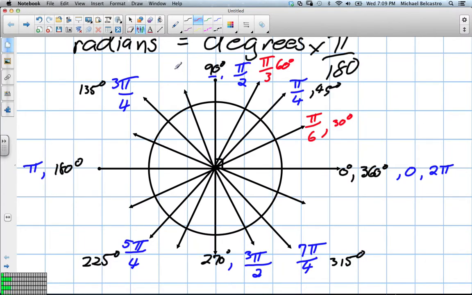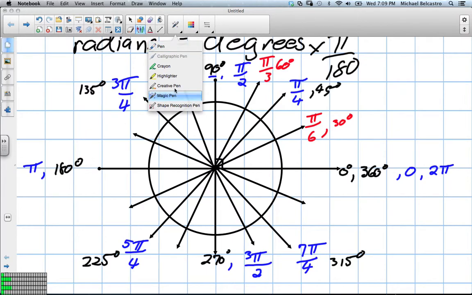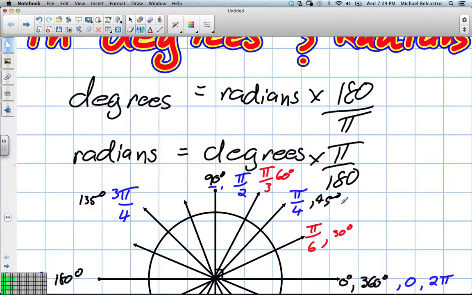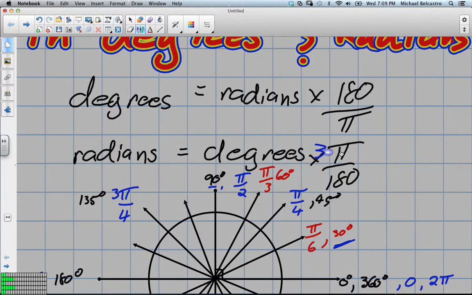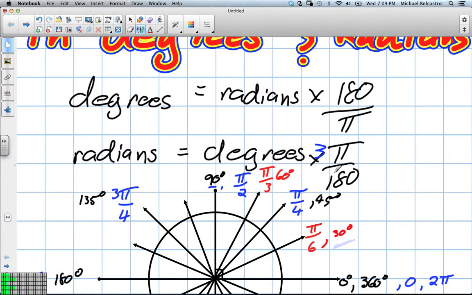So you're looking at another way to look at this. That is a sixth. And one way, if we're ever lost on how to figure these out, we know we can use our conversions, right? So 30 degrees times pi over 180, and I can reduce that.